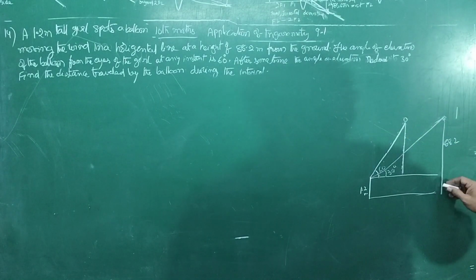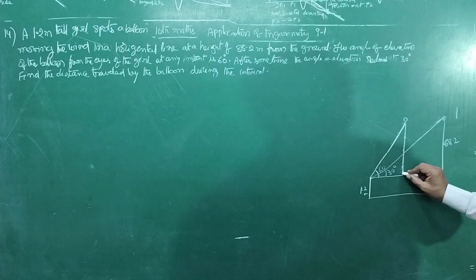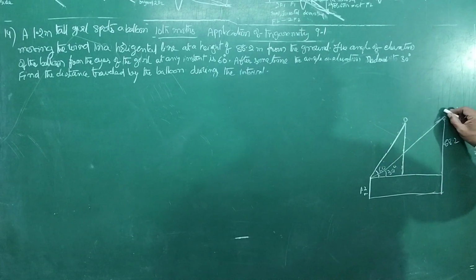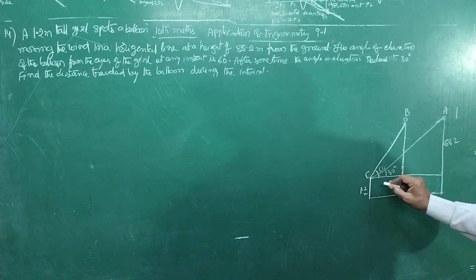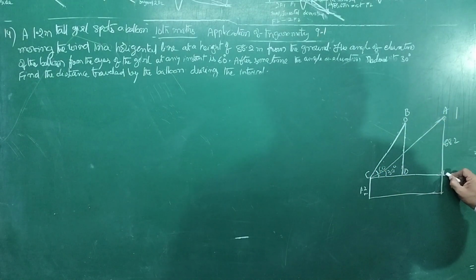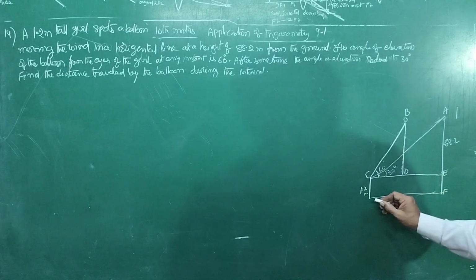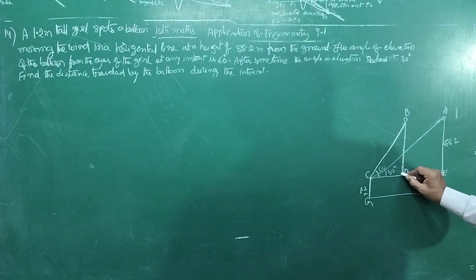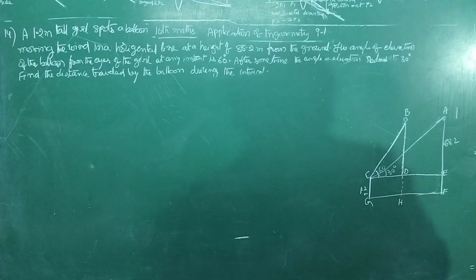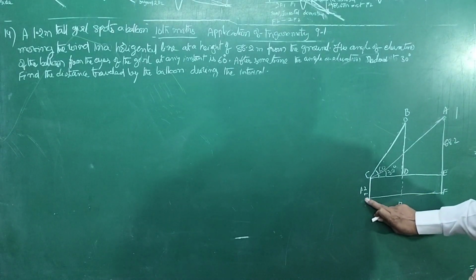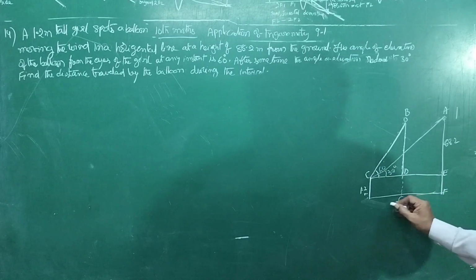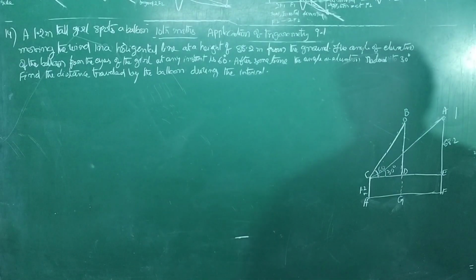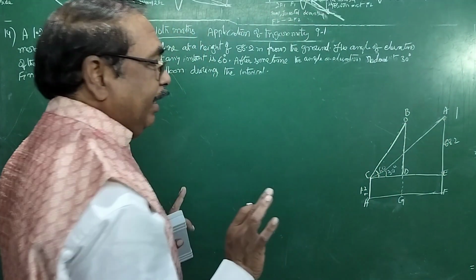Let us name the points: A, B, C, D, E, F, G, H. We named them and drew the figure neatly.